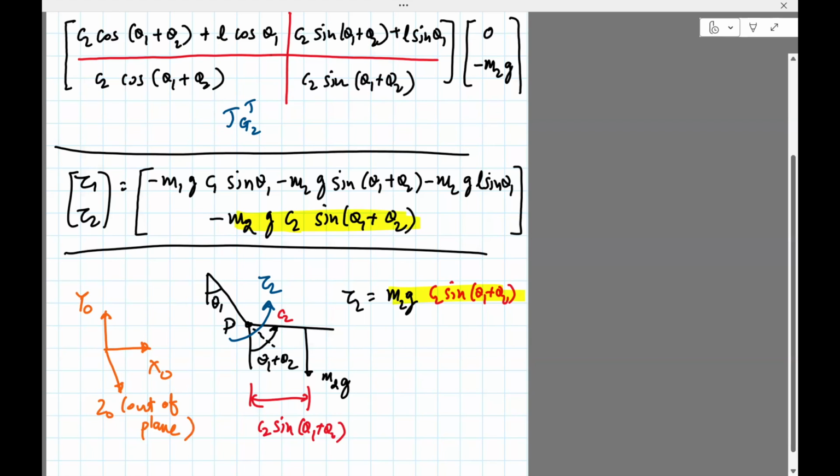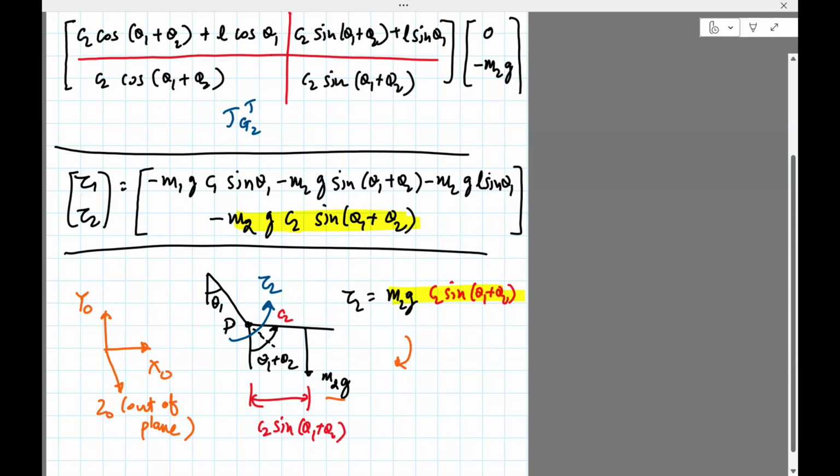Now, what is the effect of M2G? The torque produced by M2G is going to be clockwise. So clockwise, what's the sign of clockwise rotation? Well, you do the same thing. You take your right hand, curl your fingers along this arrow.